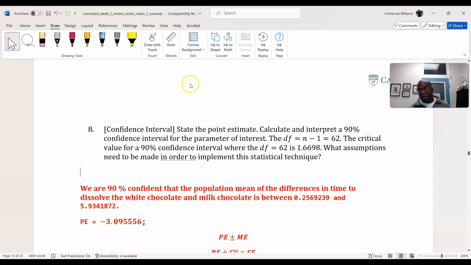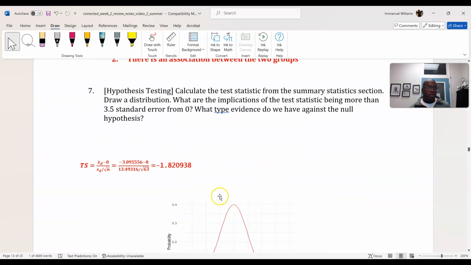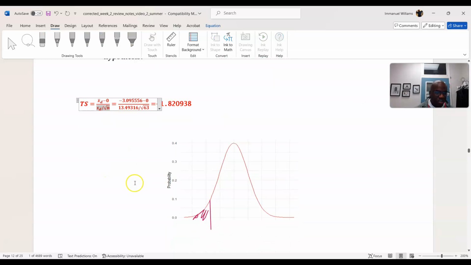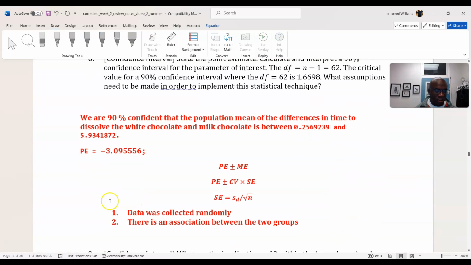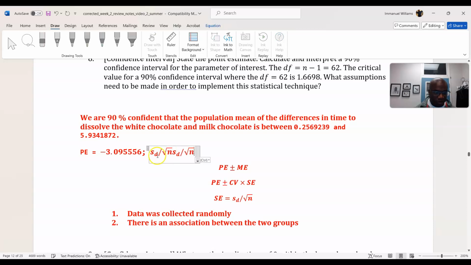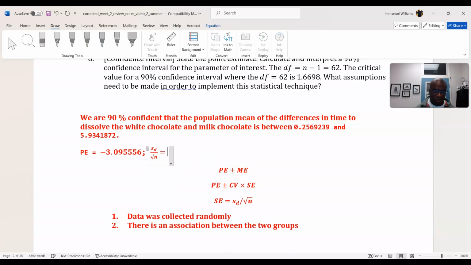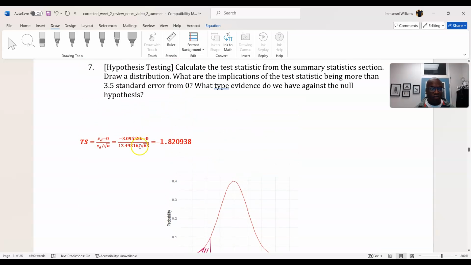First of all, it's from our output, which you can confirm by utilizing this critical value and the standard error. So the standard error is this doohickey here. So I'm going to copy and paste this here. The standard error to confirm is going to be equal to what we have here.